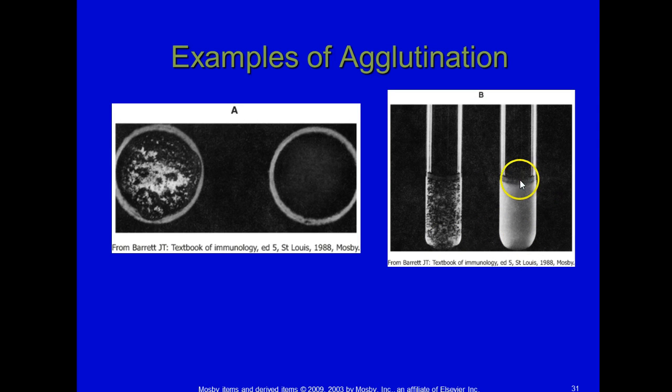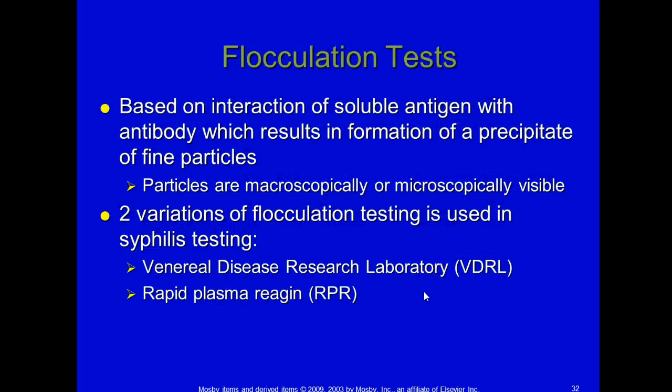It's just latex beads and culture mixed together, but nothing interacted because it wasn't compatible. On the left-hand side, the latex beads with the antibody reacted with the antigen and it made clumping, so you can actually see the clumping in the test tube. So that's agglutination. It's the antigen antibody coming together and creating those clumps.